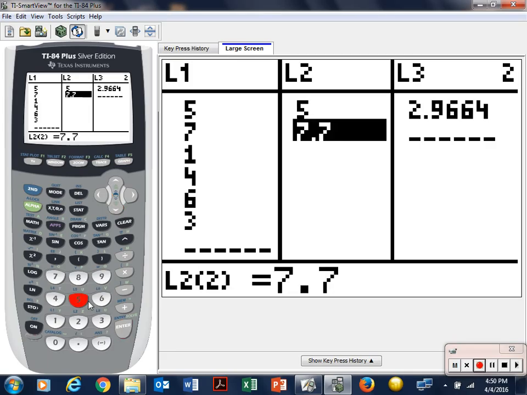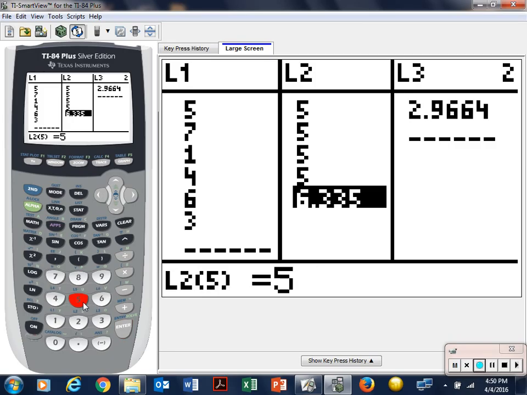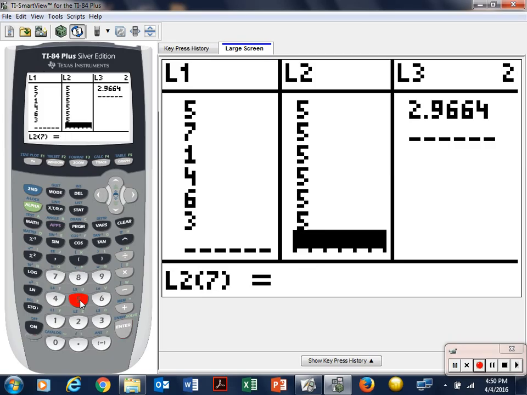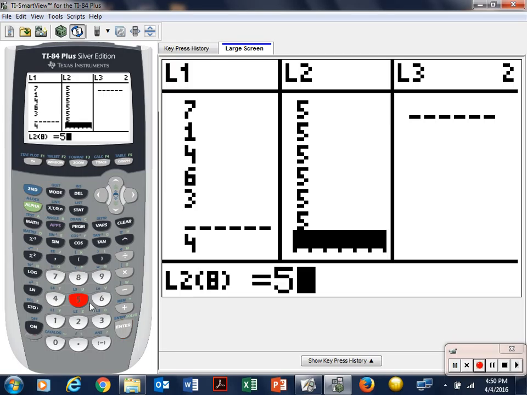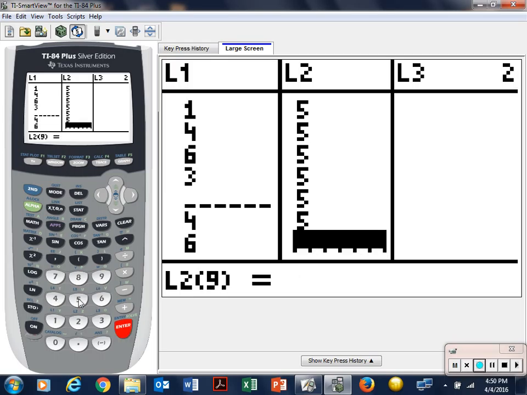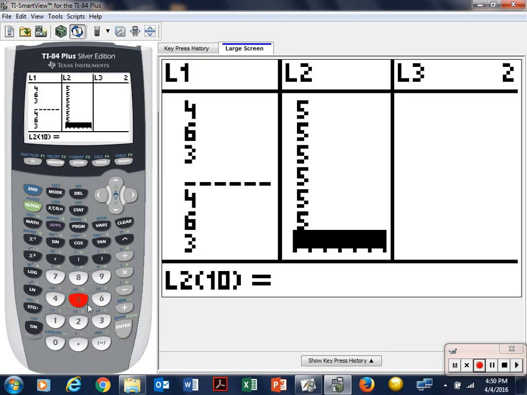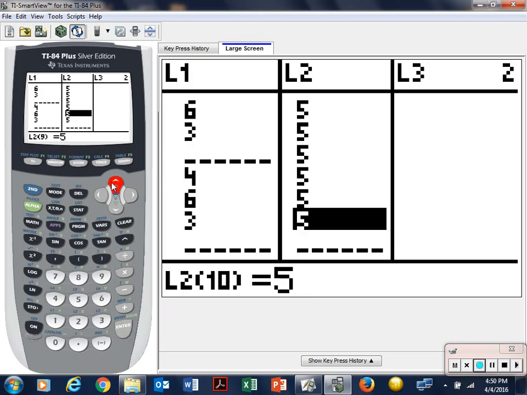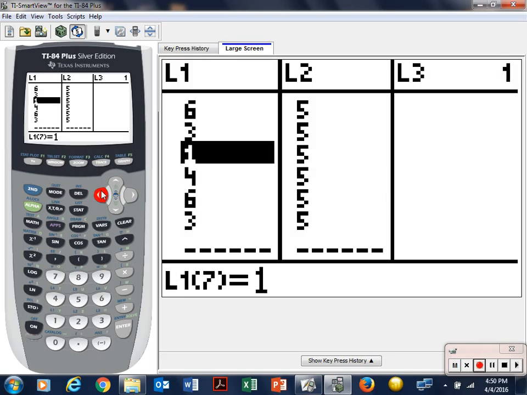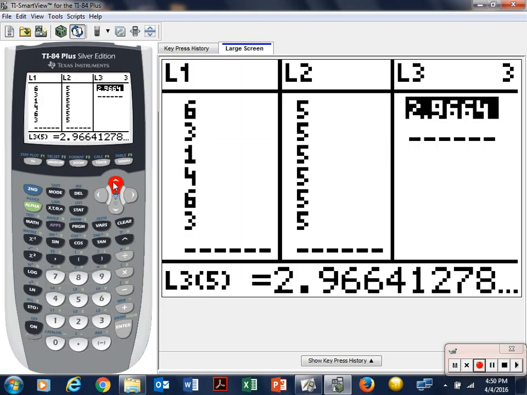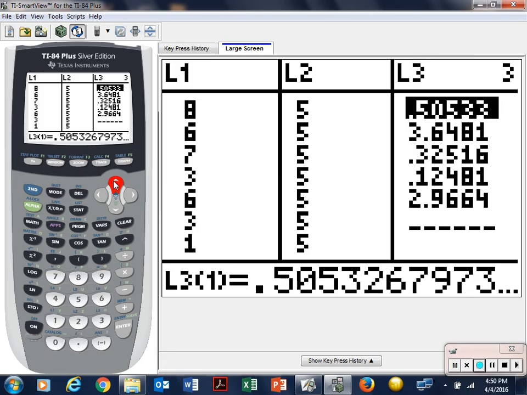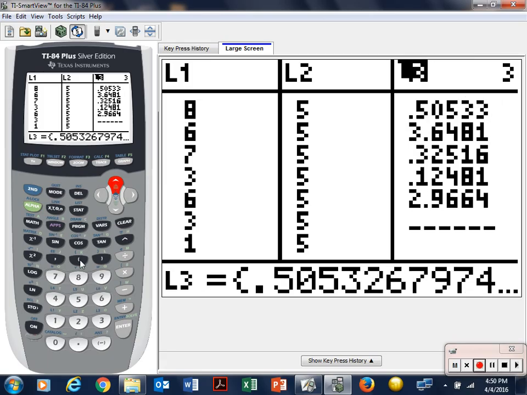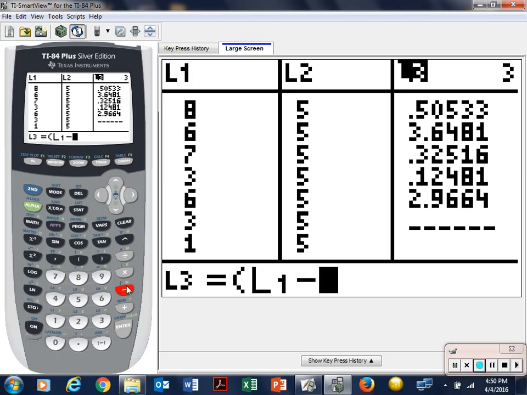They're all 5s. 5, 5, 5, and so on. I don't know what this is doing here. Hold on. Okay, now it showed up. Now we're going to go to the top of list 3. Parentheses, the observed in list 1 minus the expected in list 2, squared, divided by the expected. Boom.